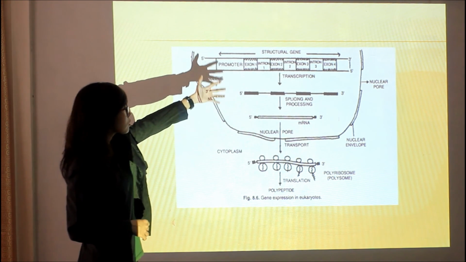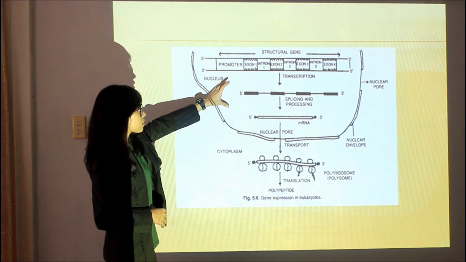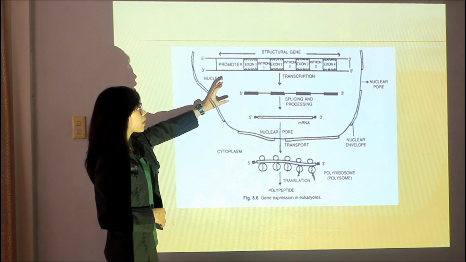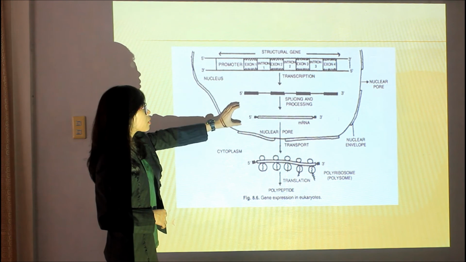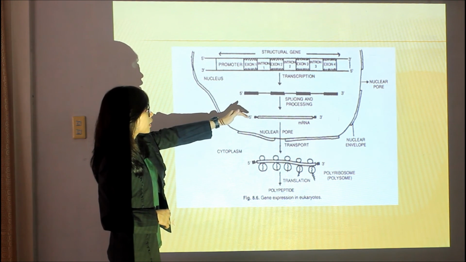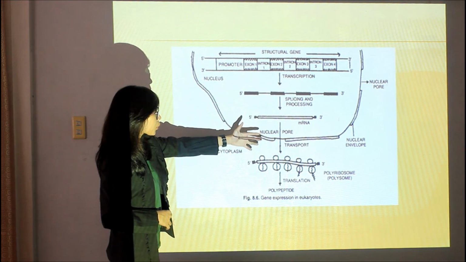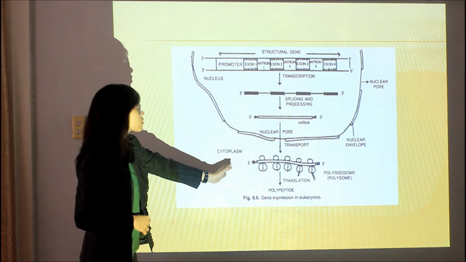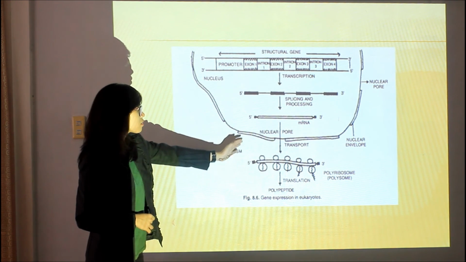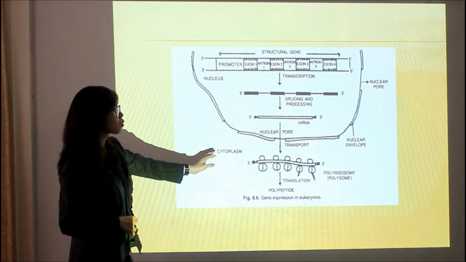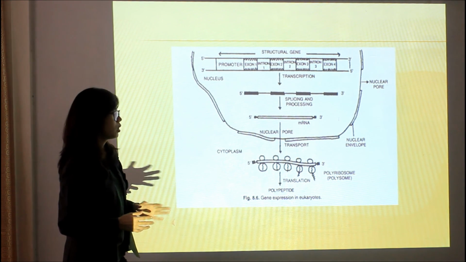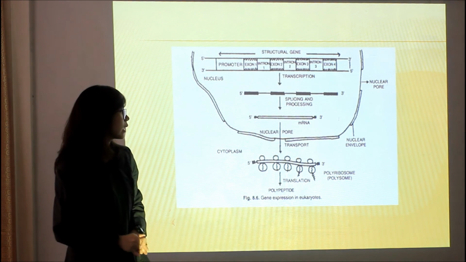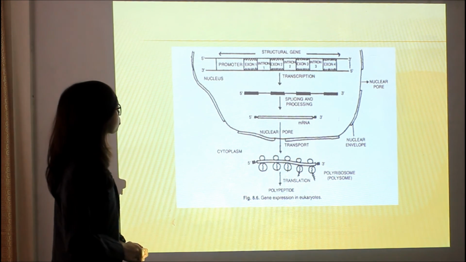So the transcription, and this is the splicing and processing of the mRNA, then outside the transport, and this is the translation. In this part, this is the polypeptide, the polyribosome or polysome. So that is the gene expression in the eukaryotes.